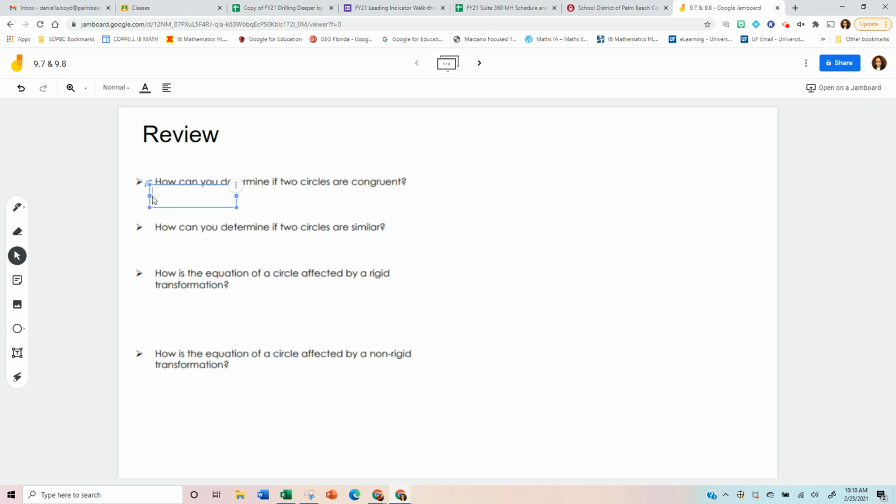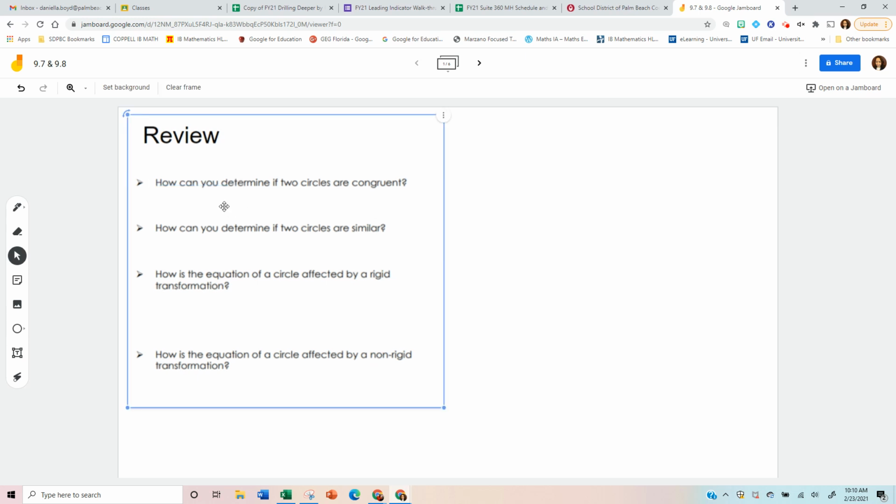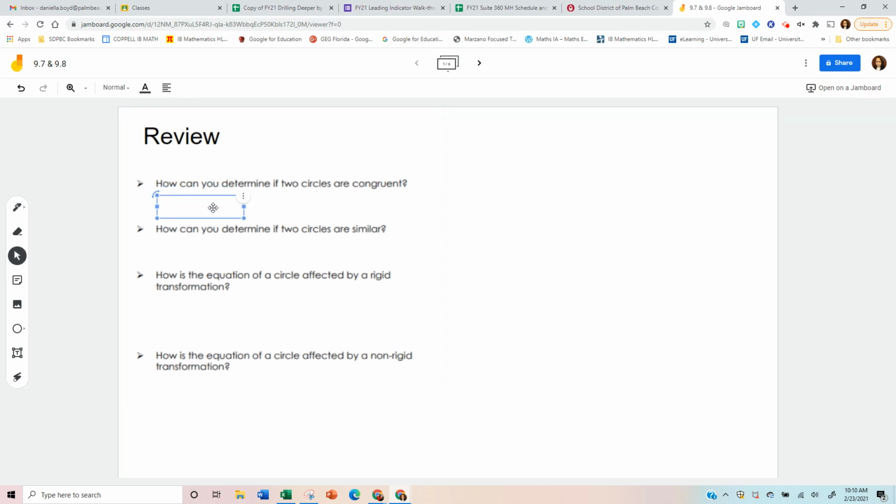So if I wanted to determine if two circles are congruent, I am actually going to determine if the two radii, plural, are equal in length. So let me fix this so we could see it a little bit better. So if two circles have the same radius that is equal in length, then they are congruent to each other.